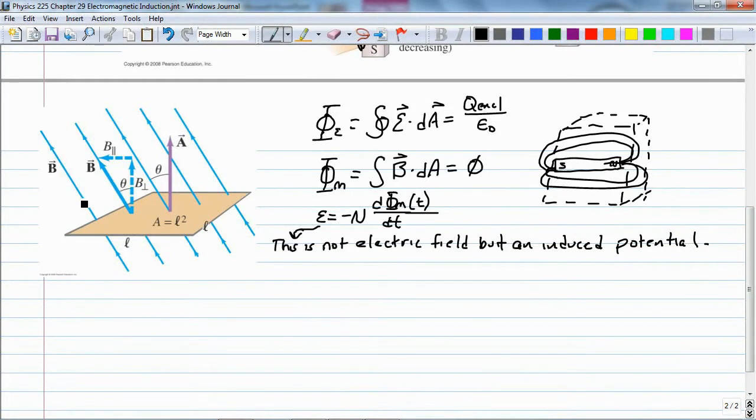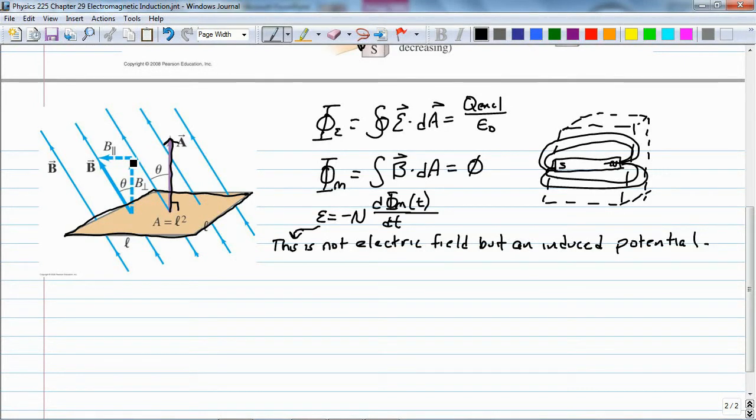So we take the very same definitions that we did for the electric field flux, and we use that for the magnetic field flux. So if we have a surface, in this case it's square, then the area vector is just perpendicular to that surface, and the magnetic field, the perpendicular part, is what we're concerned with.